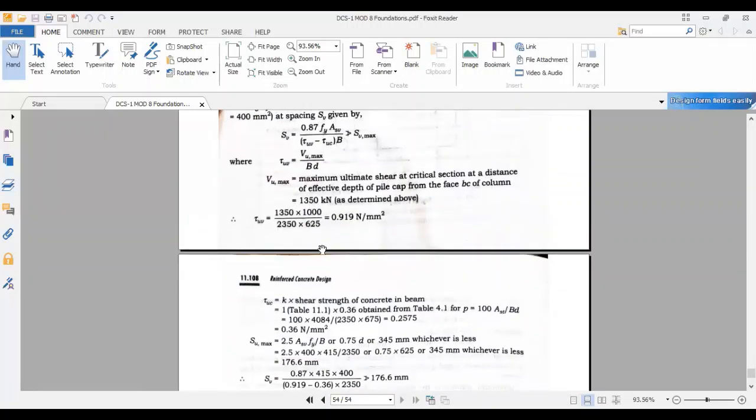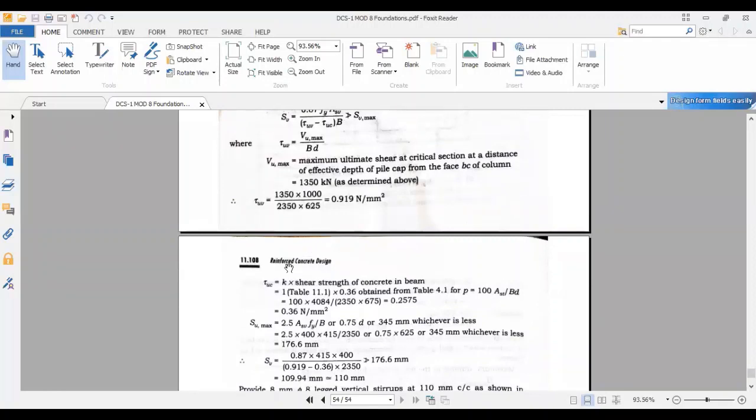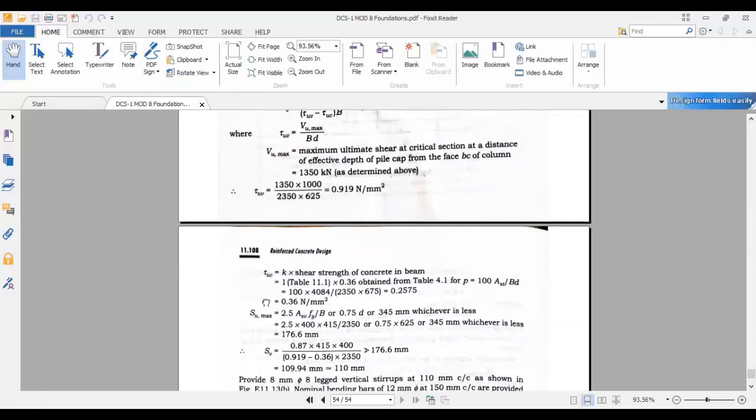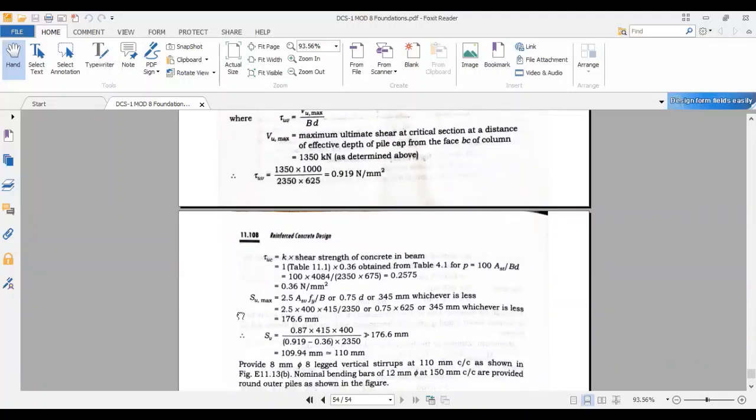So this gives the value of tau UC as K multiplied by shear strength of concrete in beam, and the value is, as you know, 0.36 Newton per mm square. SV max is given by 2.5 ASV FY upon B, or 0.75 D, or 345 mm, whichever is less.